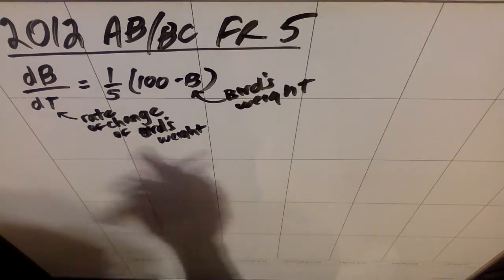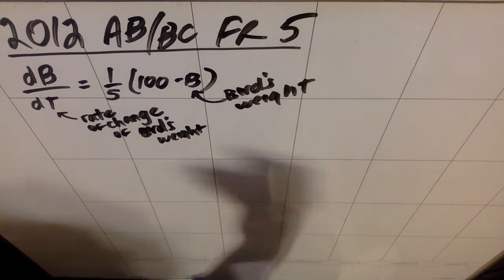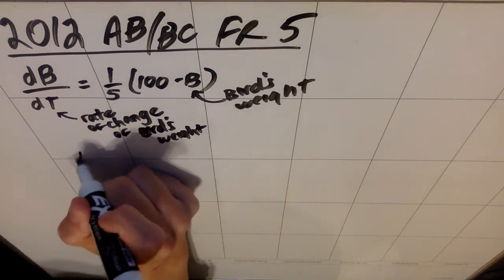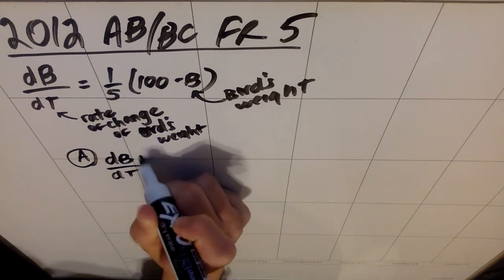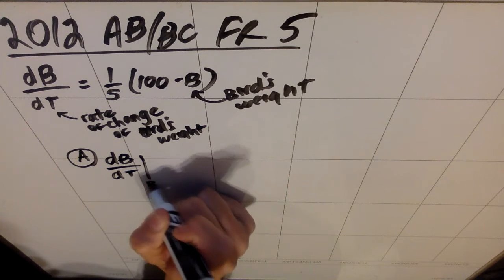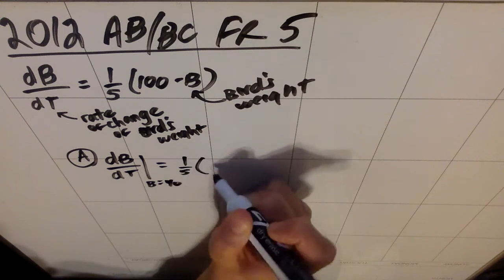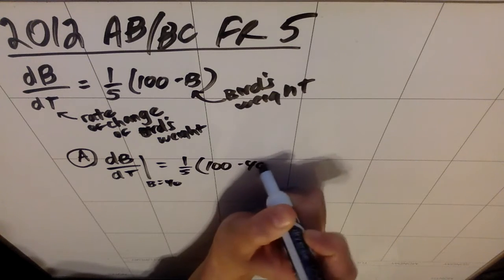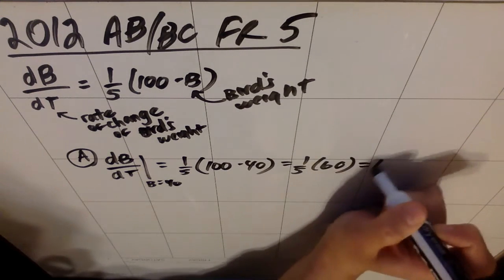All right, so when we're asked if the bird is gaining weight faster at these two different weights, really all we need to do is figure out what dB/dt is at those two values. So dB/dt at the moment when the bird weighs 40 grams would be 1/5 of the quantity 100 minus 40, which is 1/5 of 60, which is 12.